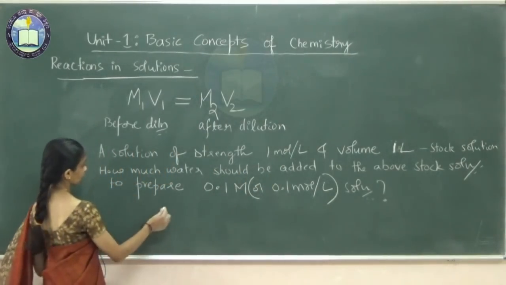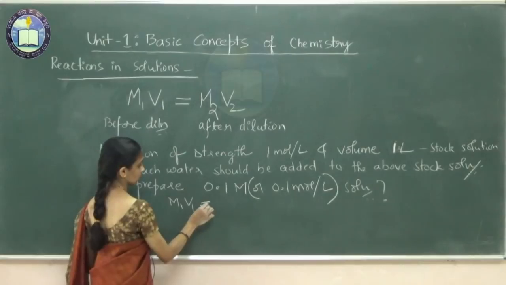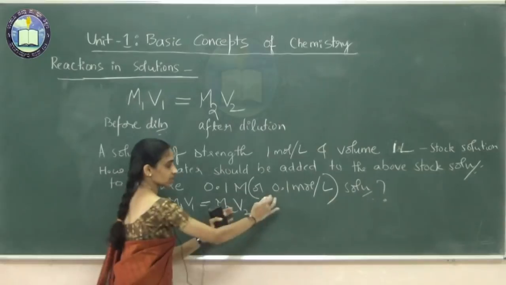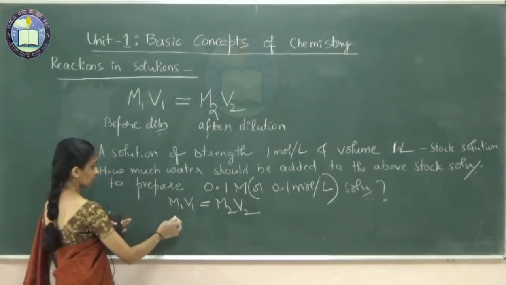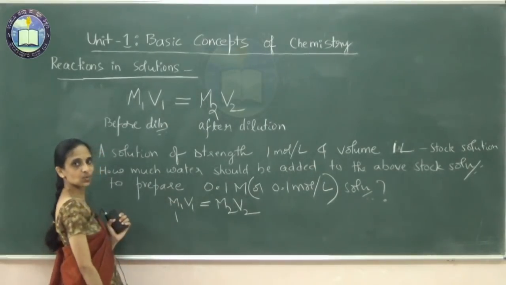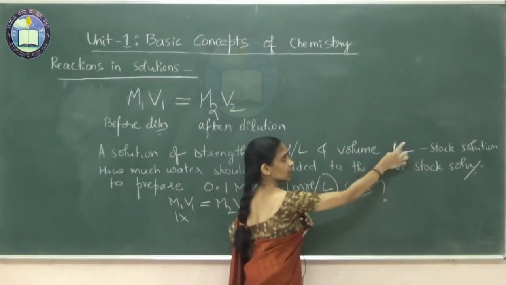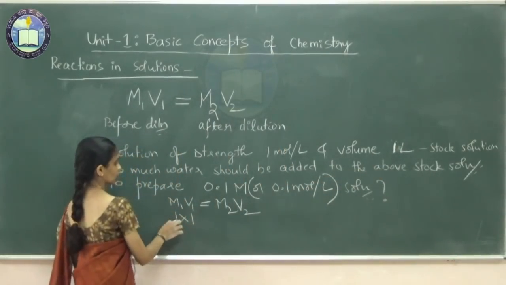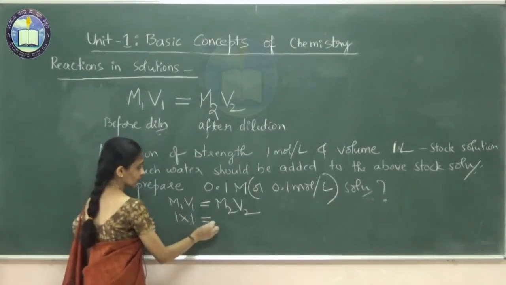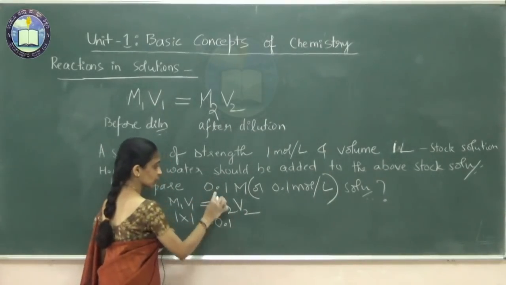I'll make use of the formula. The formula is M1V1 is equal to M2V2. This is before dilution and this is after dilution. Okay, so before dilution, what is the molarity? It is 1. What is the volume? It is 1. Molarity is 1 molar and volume is 1 liter. Okay. After dilution, after adding water, what should be the molarity?